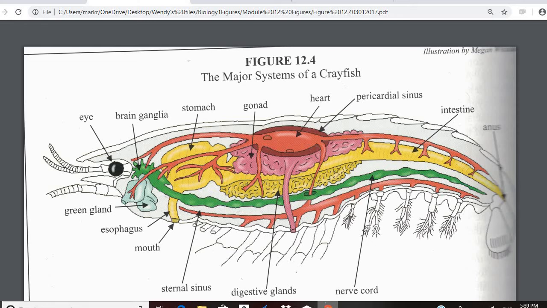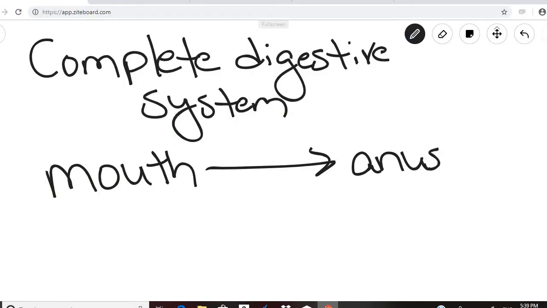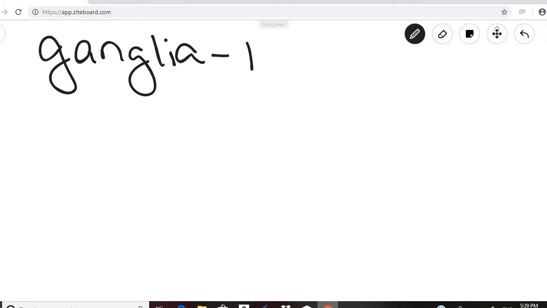When we look at the nervous system of a crayfish, similar to what we saw with an earthworm, their brain consists of a ganglia. So it's not a true brain, but it's a group of nervous tissue, and they actually have two ganglia that make up the brain, and then each ganglia has a nerve cord coming from it.